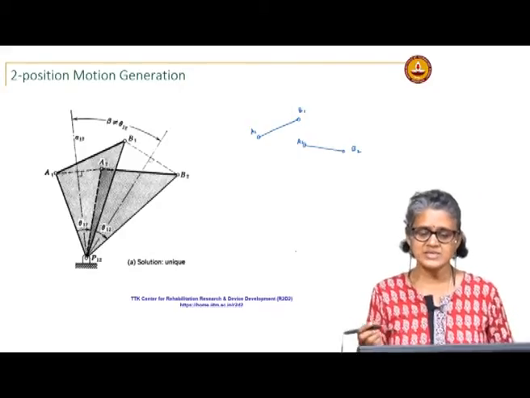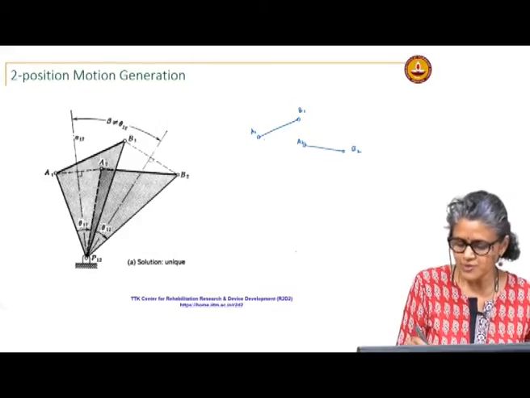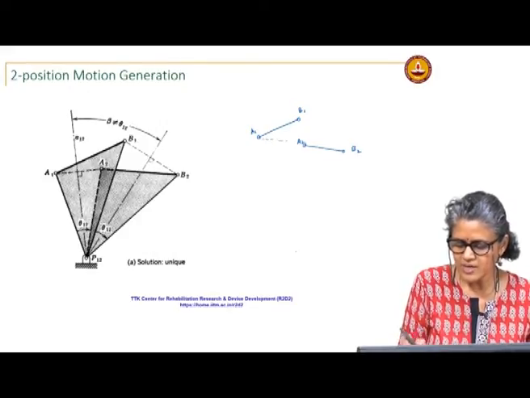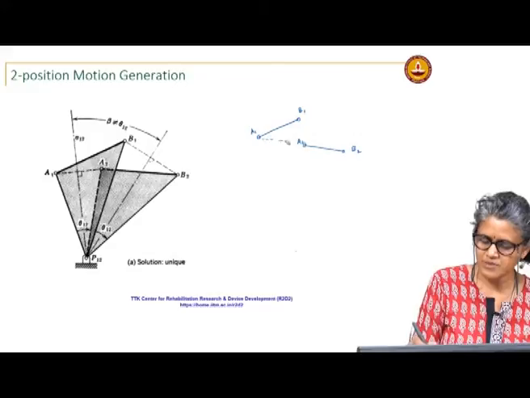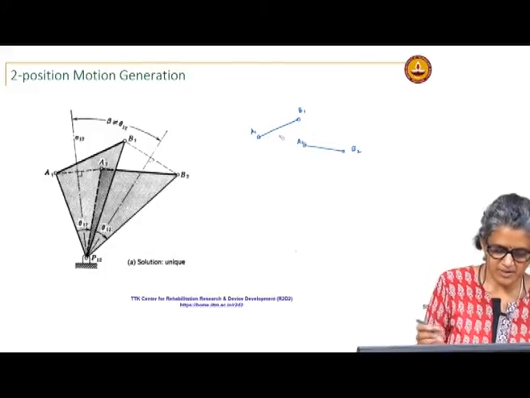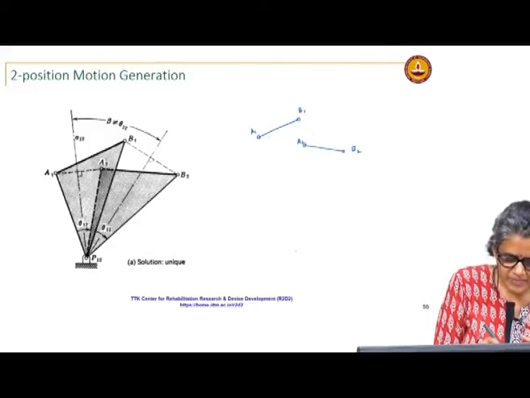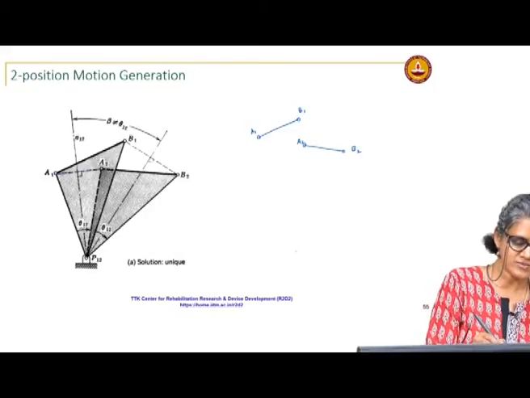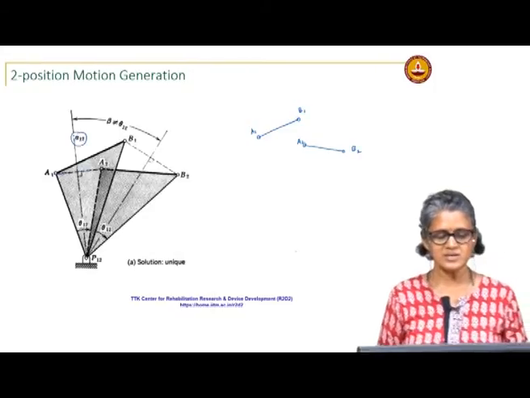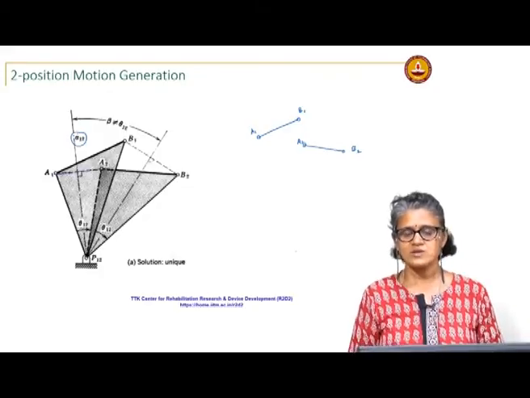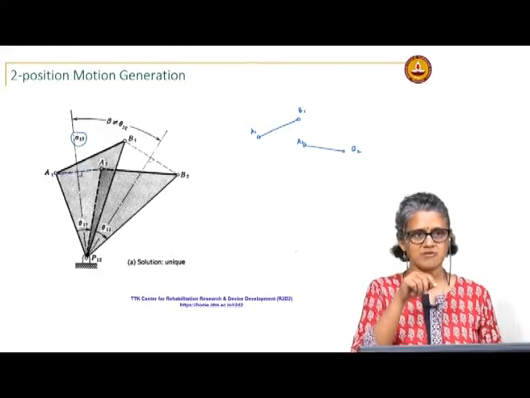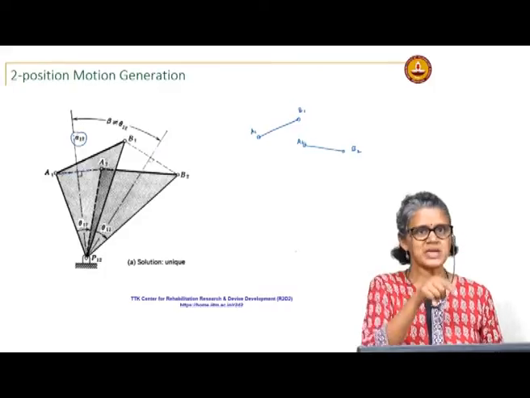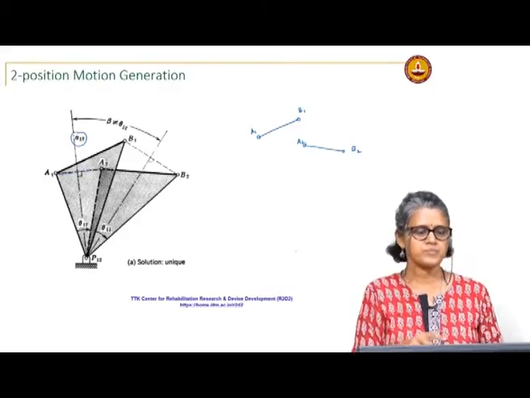In this case, if I look at A1 to A2, I draw the perpendicular bisector. I know that if I pick a point on that, it is going to be equidistant from A1 and A2.